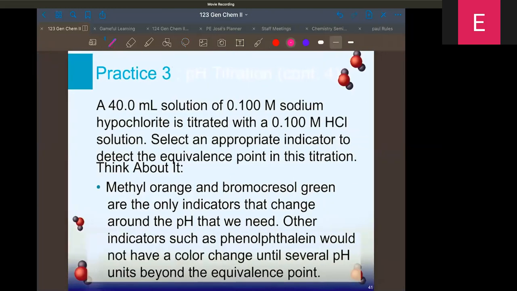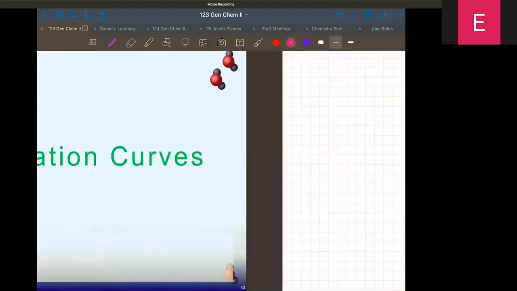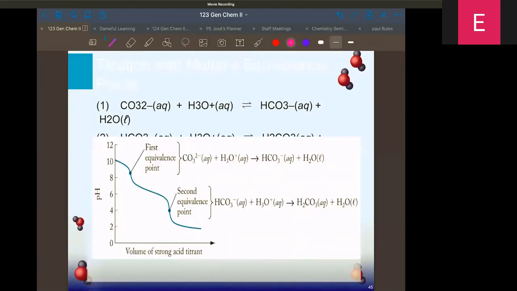Let me pick here. This is the practice exercise. And then we're going into the second part, so this is going to be the next time. We're going to look at another example of acid-base titrations. In this one we have 2 curves, and so there are 2 endpoints.